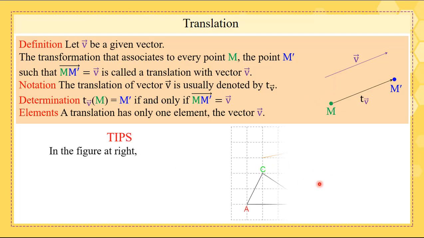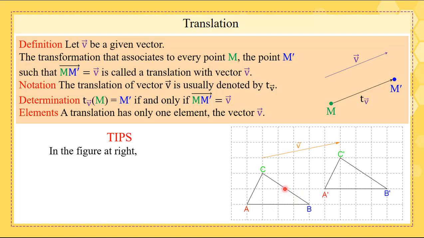In the figure at right, we have two triangles ABC and A prime B prime C prime, and we have a vector V. Now the translation of the point A by vector V is equal to A prime, since of course AA prime vector is equal to vector V. The translation of the point B by vector V is equal to B prime, since BB prime vector is equal to V vector.